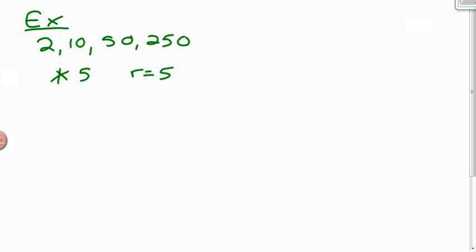In my equation, u sub n equals u sub 1 times r to the n minus 1, since I know my r value right away, I can put that multiplier in there. And I know u sub 1, which is my first term, is 2. Now this one's a little bit quicker than your arithmetic sequence because you don't have to go through and simplify. I'm done at this point.